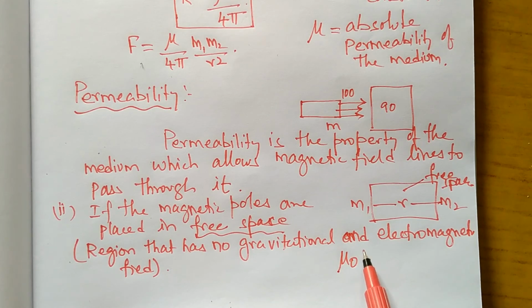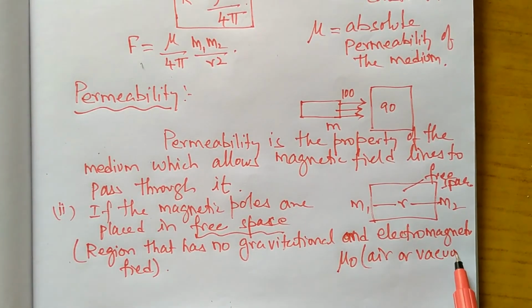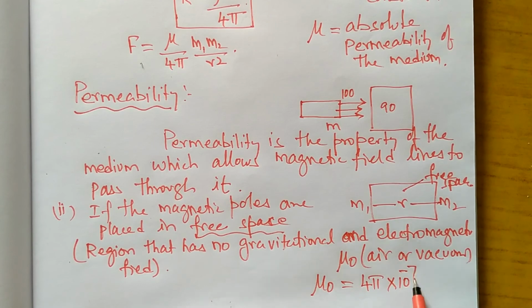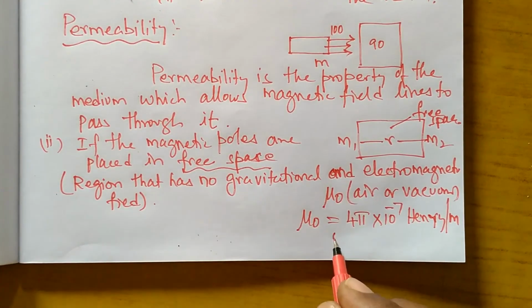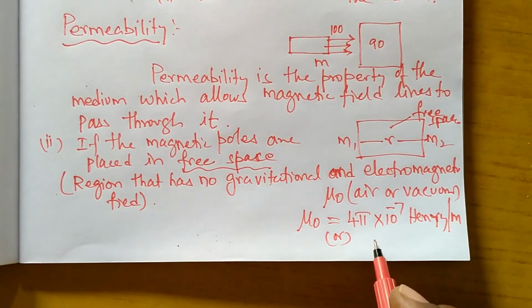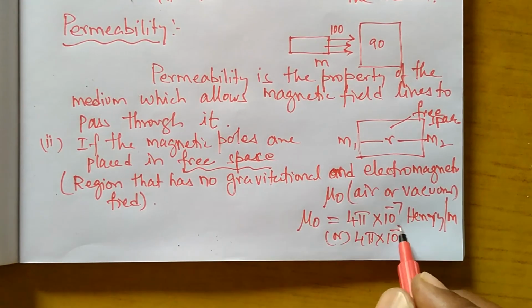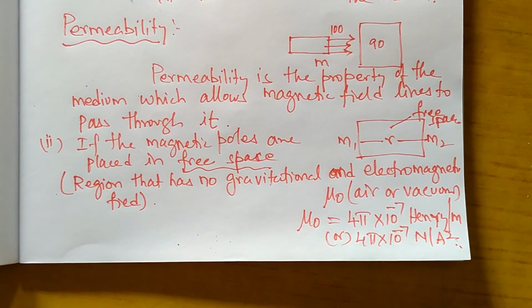So mu naught for air or vacuum is calculated as mu naught is equal to 4 pi into 10 to the power of minus 7 Henry per meter, or its value is 4 pi into 10 to the power of minus 7 Newton per ampere square.